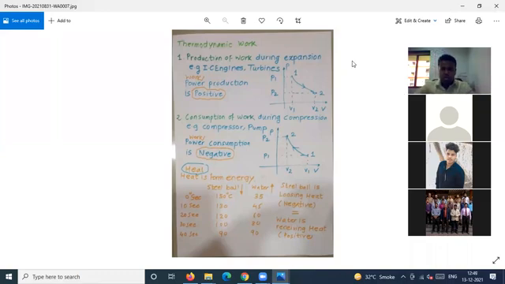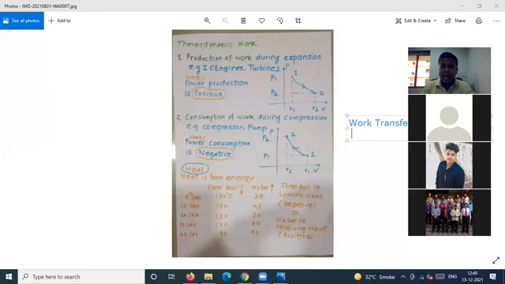Now I'll just annotate something here. As I told you, there is a concept called work transfer. And what is work transfer?